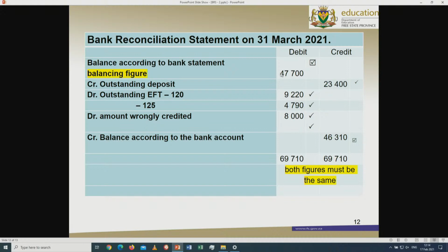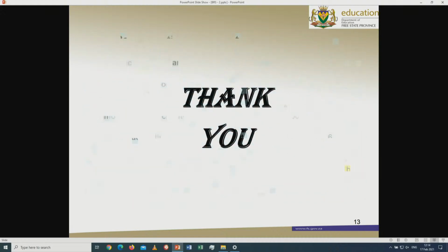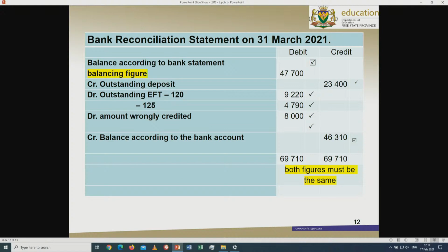And then because the balance as per bank statement is a balancing figure, we'll take 69,710, subtract 8,000, subtract 4,790, and we also subtract 9,920, and then we'll have the balancing figure as 47,700. So that is the story of the bank reconciliation, and this brings us to the end of today's lesson.